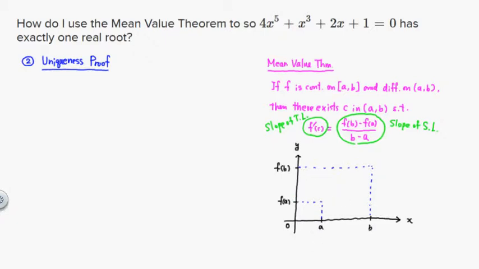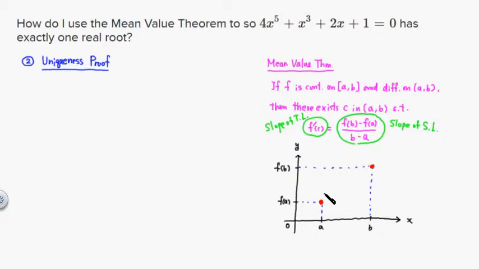So let's draw a picture and see if it makes sense. Remember that f is continuous and differentiable, and roughly, differentiable means smooth. Smooth indicates a smoothness of the graph, so you're not going to have any corners, anything like that. So you would have a graph going through a, f of a and b, f of b, and the graph has to be smooth.